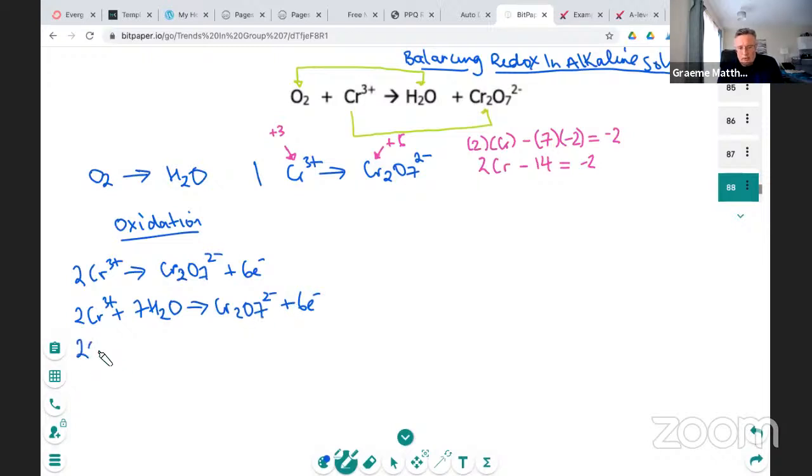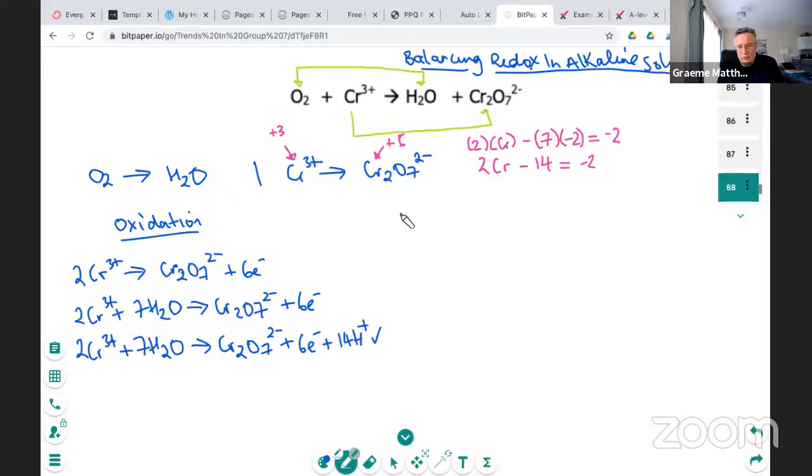Do you see it's algorithmic? It's the same thing over and over again. But the fact that you can do one extra step and balance these in alkaline media allows you to get a few extra points on the exam. So this one's balanced. Done.